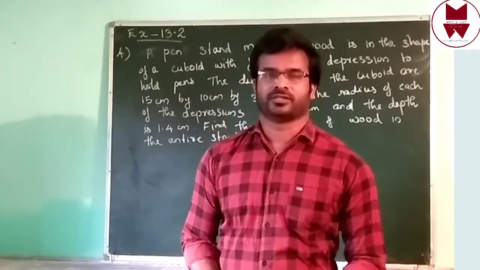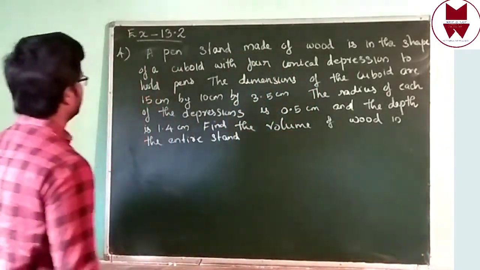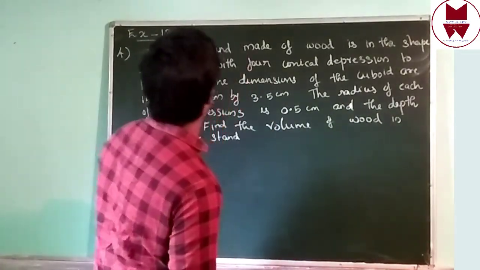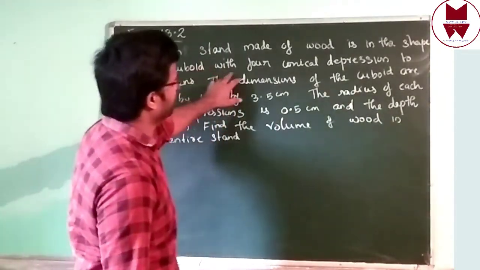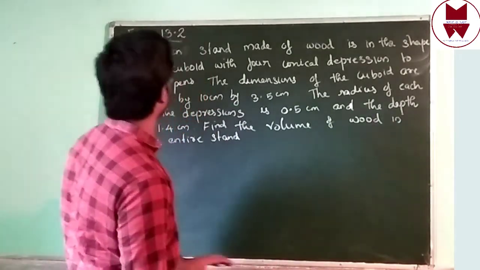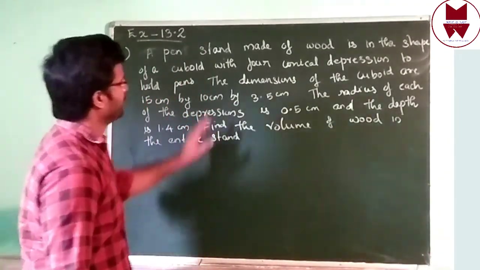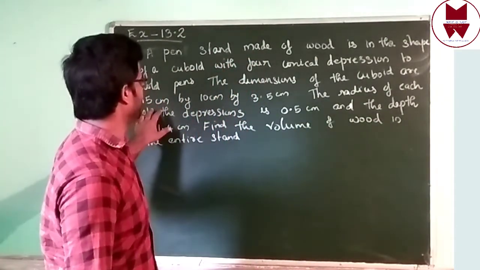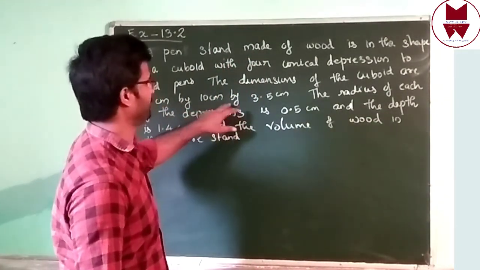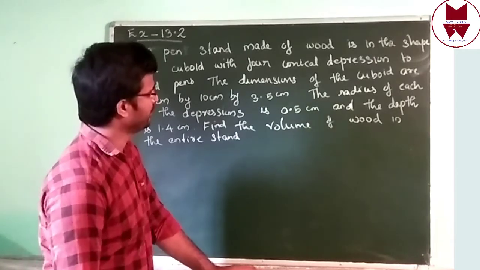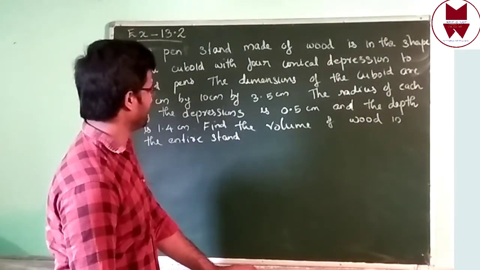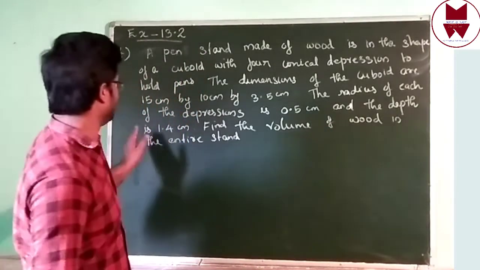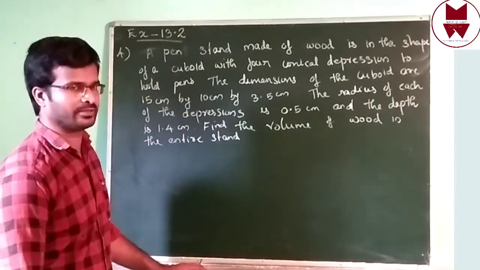Now we can see question number 4. A pen stand made of wood is in the shape of a cuboid with 4 conical depressions to hold pens. The dimensions of the cuboid are 15 centimeter by 10 centimeter by 3.5 centimeter. The radius of each of the depressions is 0.5 centimeter and the depth is 1.4 centimeter.